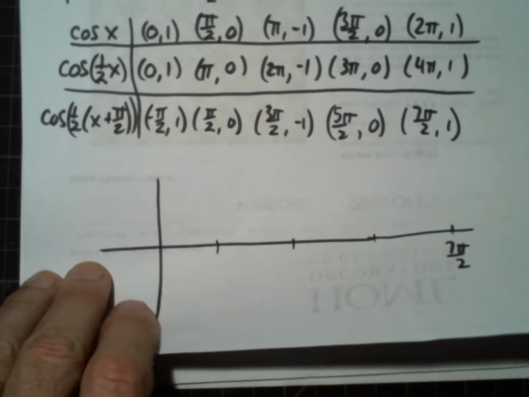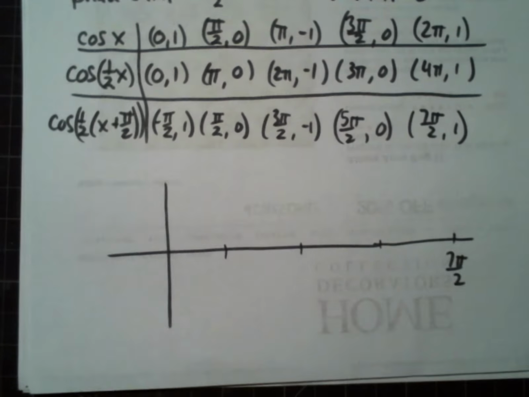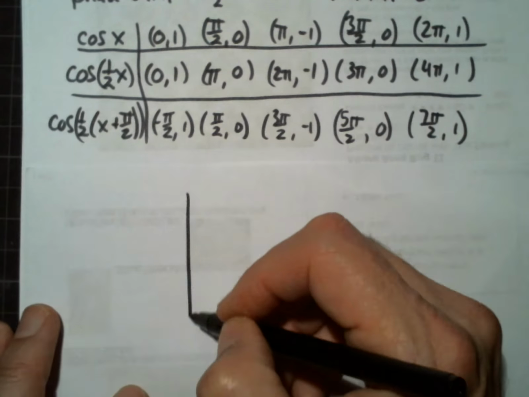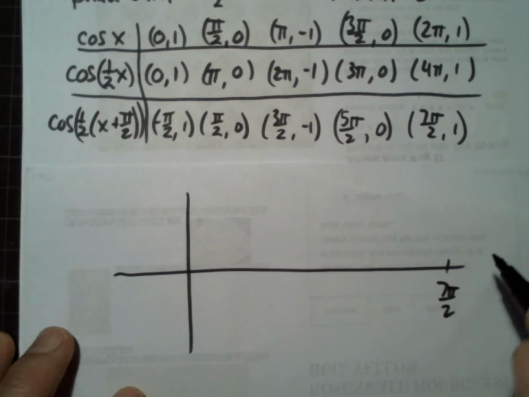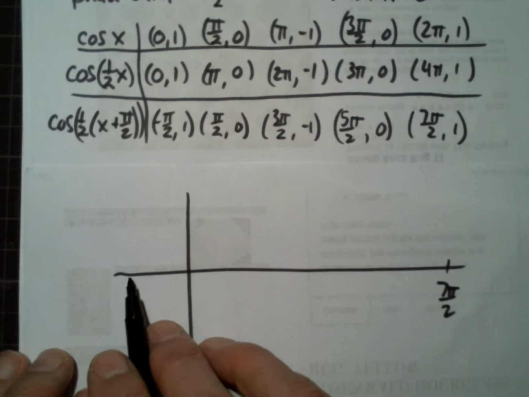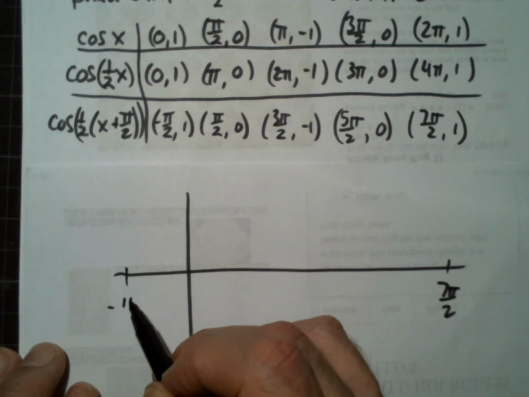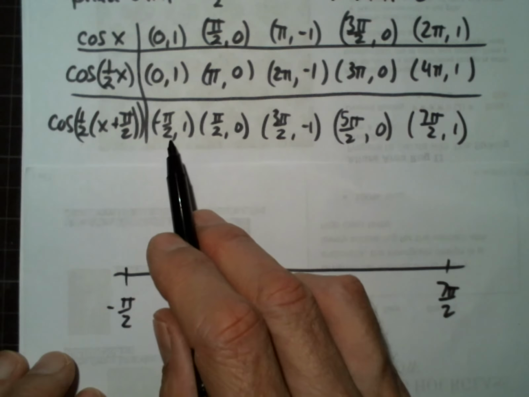I'm going to have to start over. 7 pi over 2, and we need to have this be negative pi over 2, because that's where one cycle starts.